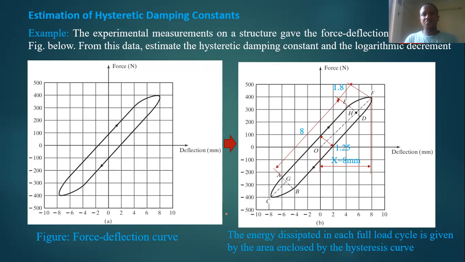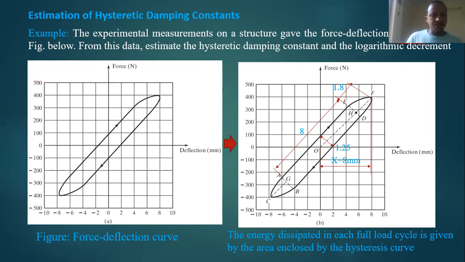The question of hysteretic damping. Let's take one example, which can clearly give the full idea of what we have discussed. The experimental measurement on a structure gave the force deflection data shown in the figure. This is the force axis, this is the deflection axis.